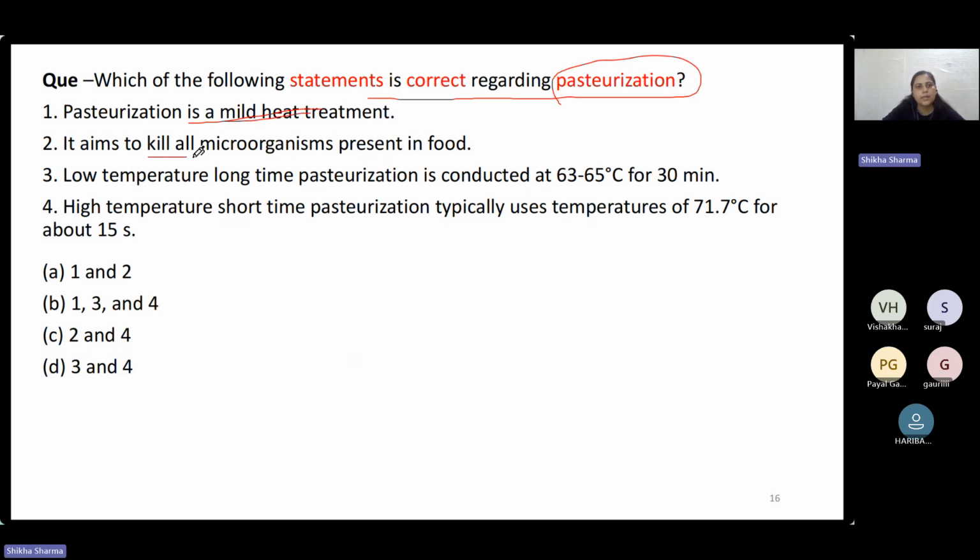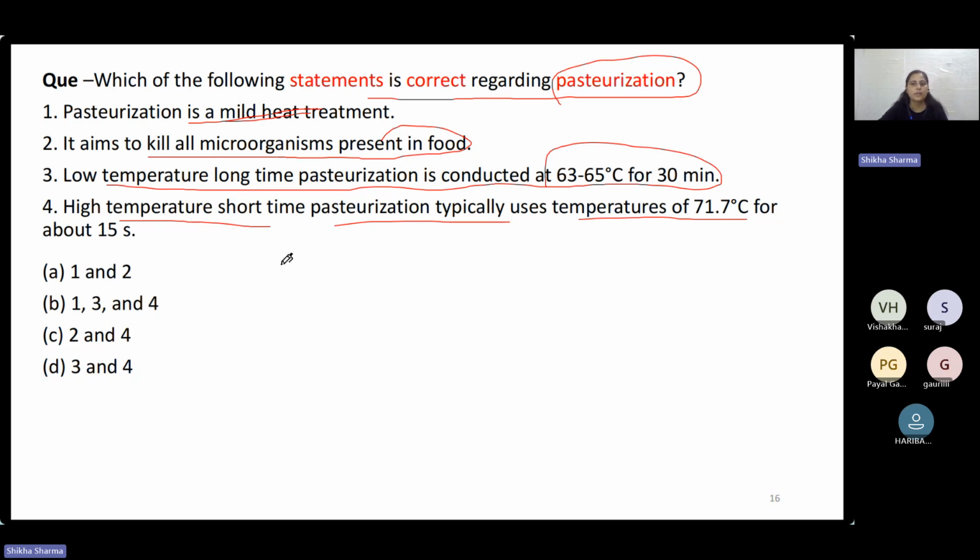Second, it aims to kill all the microorganisms present in food. Third, low temperature, long time pasteurization is conducted at 63 to 65 degrees Celsius for 30 minutes. Fourth, high temperature, short time pasteurization typically uses a temperature of 71.7 degrees Celsius for 15 seconds.